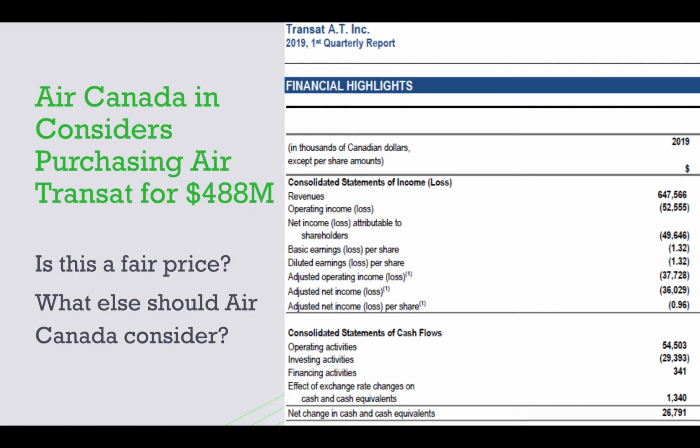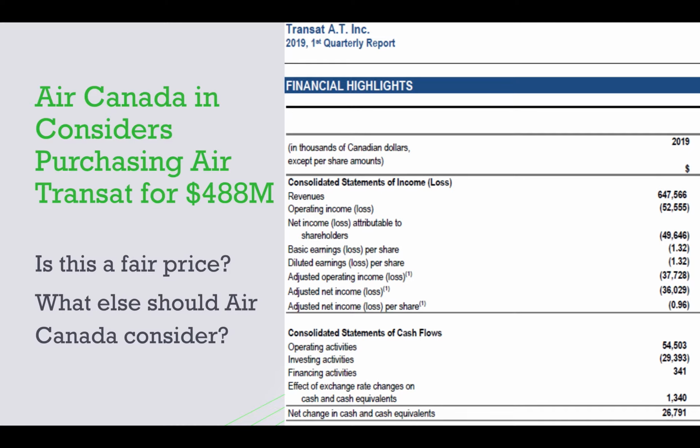So that would be times 4, about 104 million. That means that if the valuation is 488 million, Air Canada is hoping to get a return of 21%. If I take that 104 divided by 488, that would give me 21%.